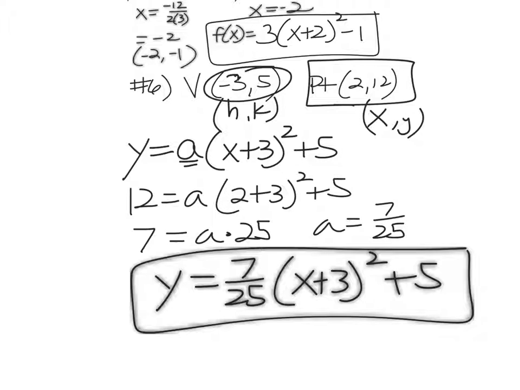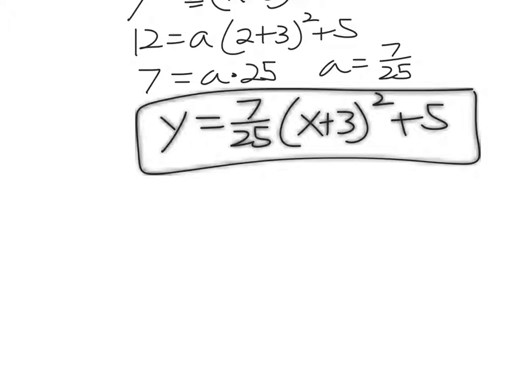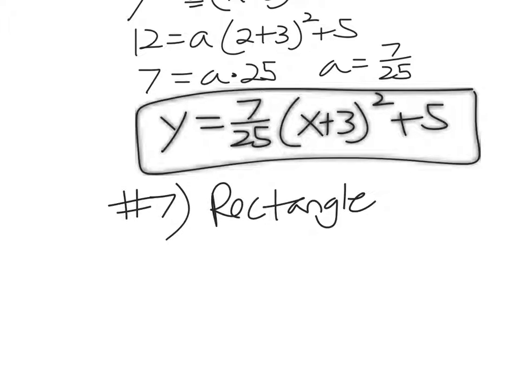Now, let's do one that we have to come up with ourselves. These are a little bit harder, okay? Suppose that you have a rectangle. And the perimeter of that rectangle is, no, let's go 60, sorry, 60 feet.